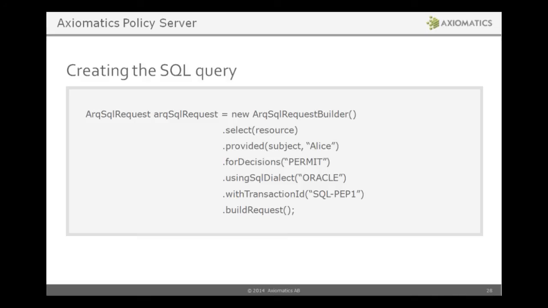For example, instead of resource ID, you can ask for resource location if it is available in your database, and you can further restrict the query by saying provided the subject location is this, provided the subject department is this. If you provide that information, the query will restrict the client information according to those attributes.